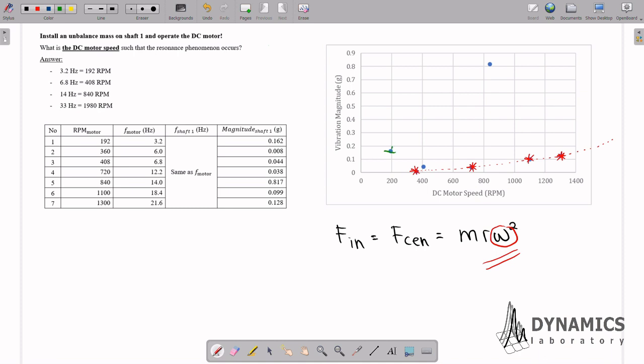Second, we focus on the vibration magnitude when the resonance occurs. Take a look at the first resonance. Although the speed is below 200 RPM, the vibration magnitude is bigger than the vibration magnitude when the speed is above 1000 RPM.